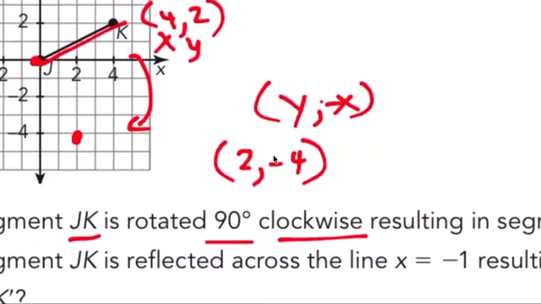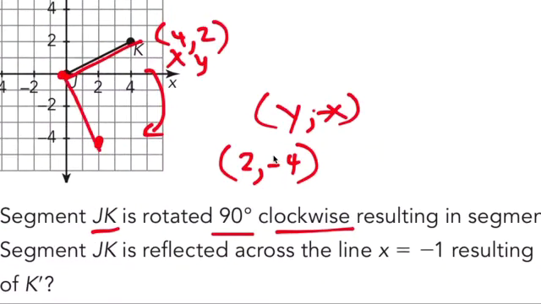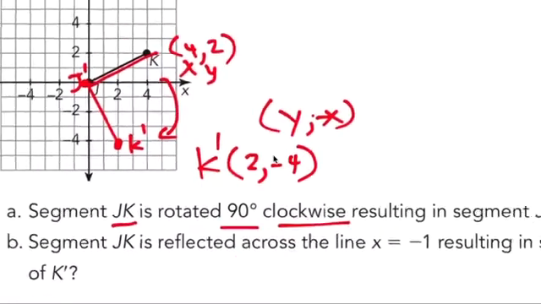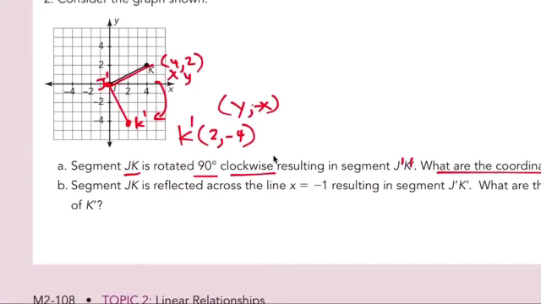Okay. J prime, K prime. K prime is, oh, I already have it here. Reflect across x equals negative 1, resulting in K prime and J prime.